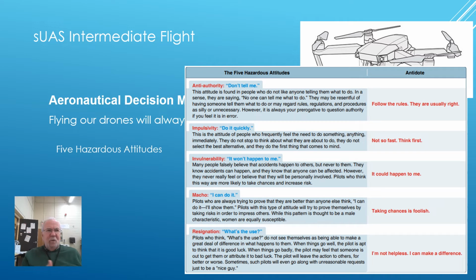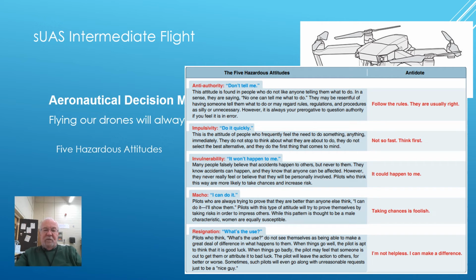Well, we don't want to get hurt, or we don't want to hurt anybody or damage property. It's not about getting caught, it's because we don't want to be the kind of person that would hurt somebody or damage somebody else's property. That's stealing. So, yeah, anti-authority, I get it, that's fine. But that's the attitude. The antidote is follow the rules. They're usually right.